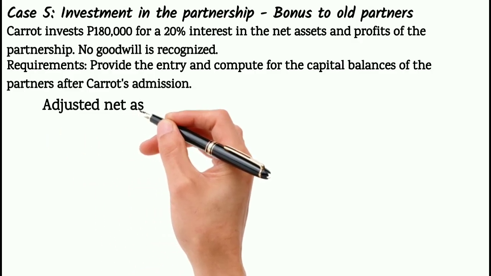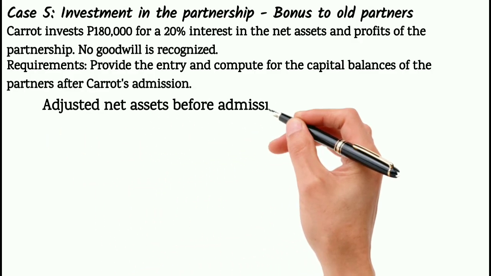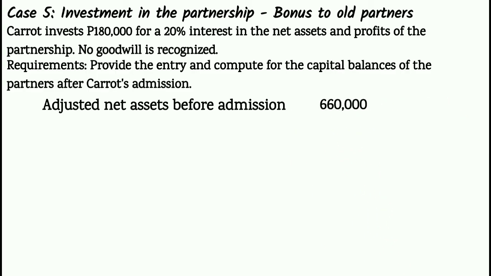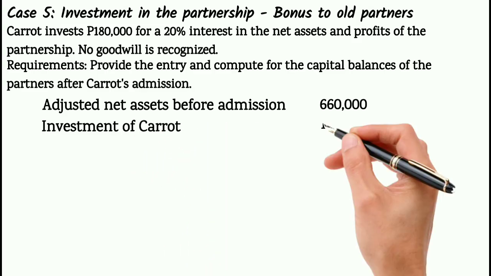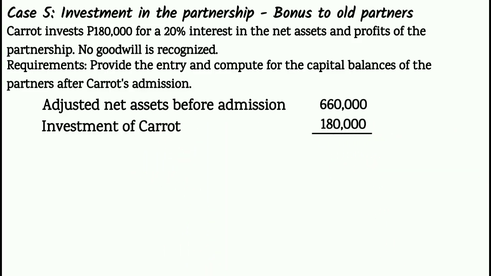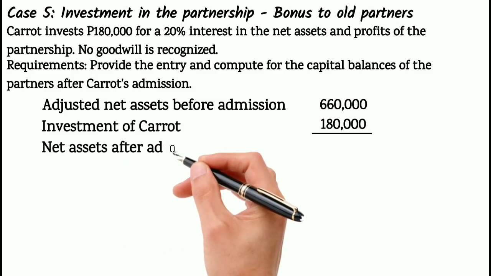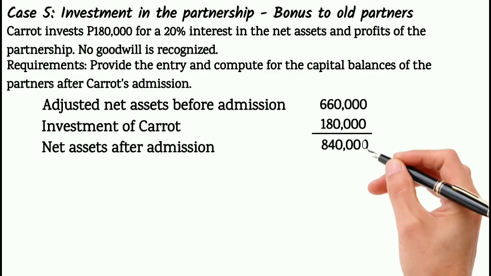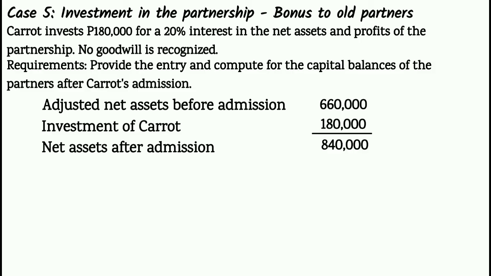Ang adjusted net assets before admission ay 660,000 pesos. May investment si Carrot na 180,000 pesos. I-add natin yan para makuha natin yung net assets after admission. 660,000 pesos plus 180,000 pesos, that is equal to 840,000 pesos.